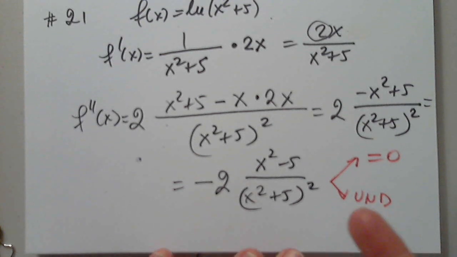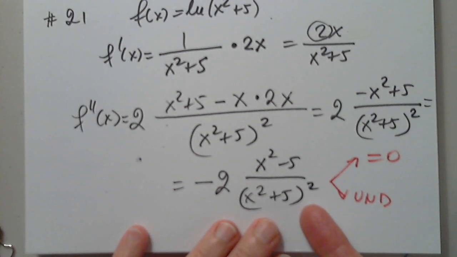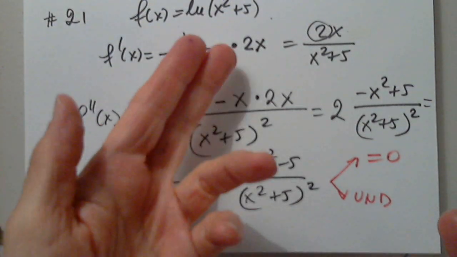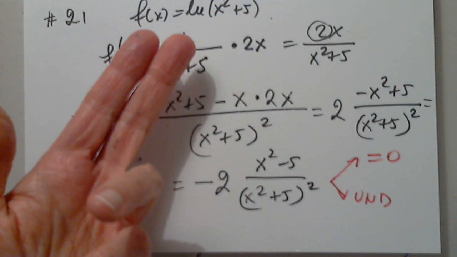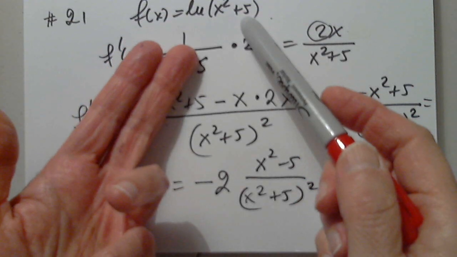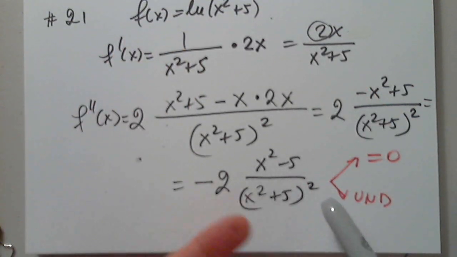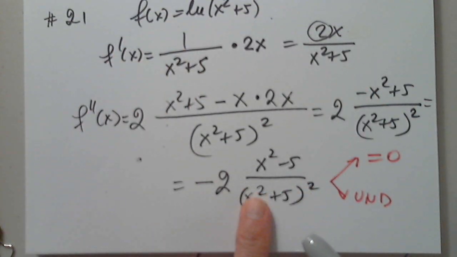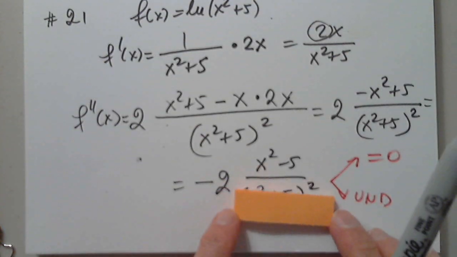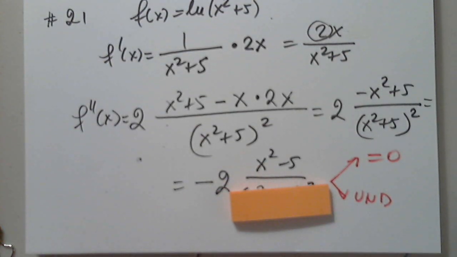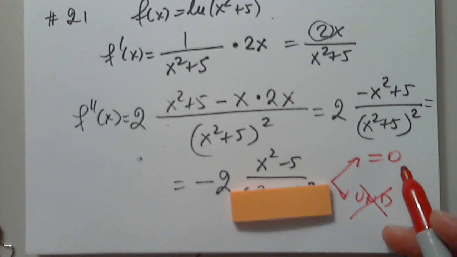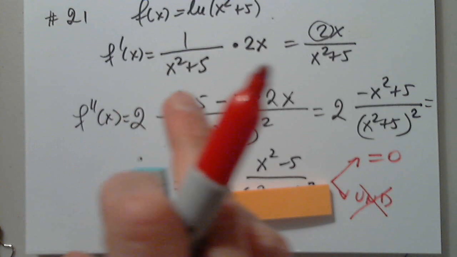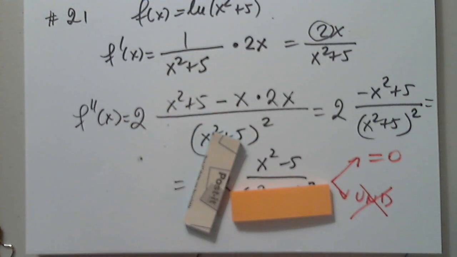So this is positive always. It can never be 0. And x squared plus 5, the domain is all real numbers, but this is always positive. It will never be 0. So I won't even bother with that. So it will not be anything coming out from undefined. But what about 0? Negative 2 is a factor outside, who cares? So when is this fraction 0?